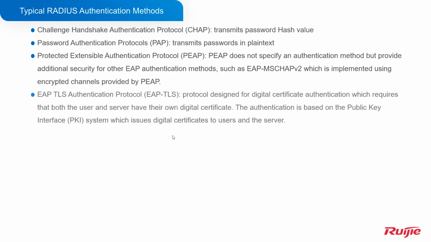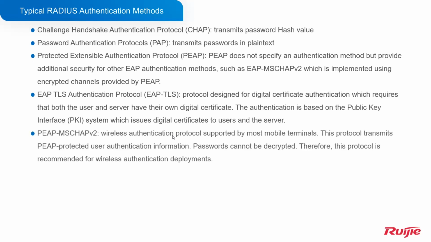And next is EAP-TLS. EAP-TLS is a protocol designed for digital certificate authentication, which requires that both the user and the server have their own digital certificate. The authentication is based on the public key infrastructure, or we call it the PKI system, which issues digital certificates to users and the server.